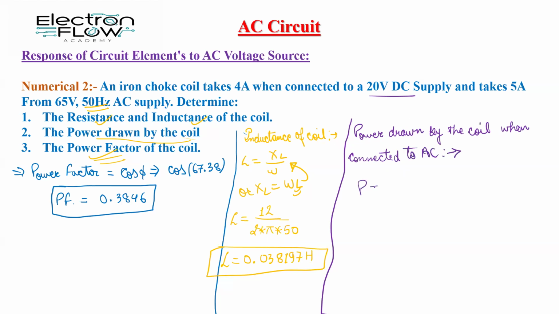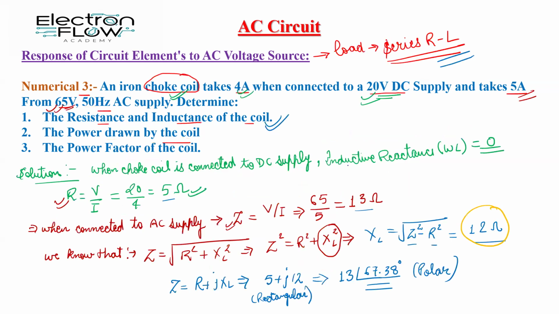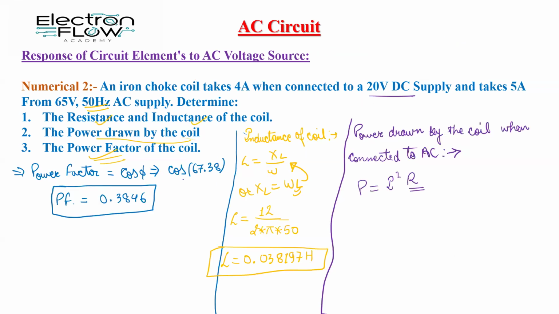We know that the formula of the power is I square R. We have calculated the resistance, which is 5 ohm, and the value of the current is already given in the question, which is 5 ampere in the case of AC. So power is equal to 5 square into 5, so power is equal to 125 watts.